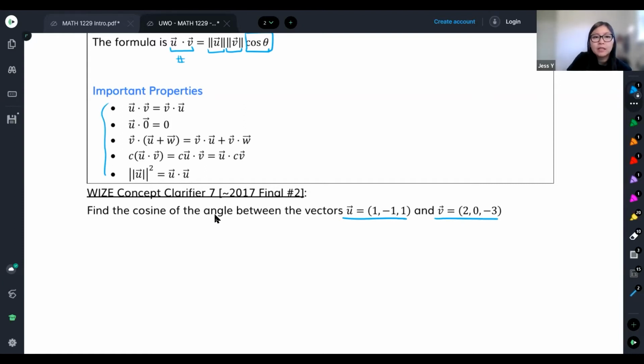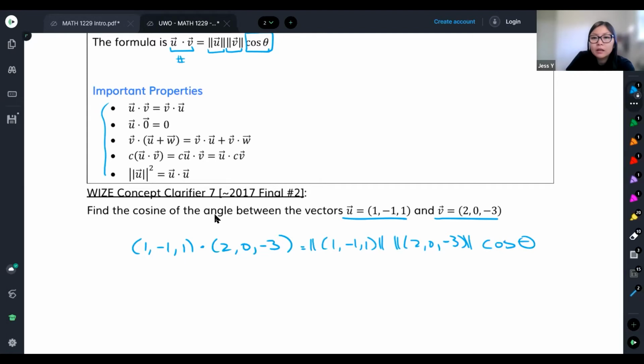So we have on the left side u dot v. So that's 1, -1, 1. Dot product with v, so that's 2, 0, -3. And that equals the length of u times the length of v times cosine of theta.